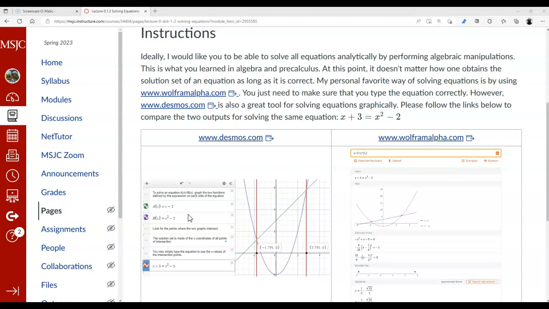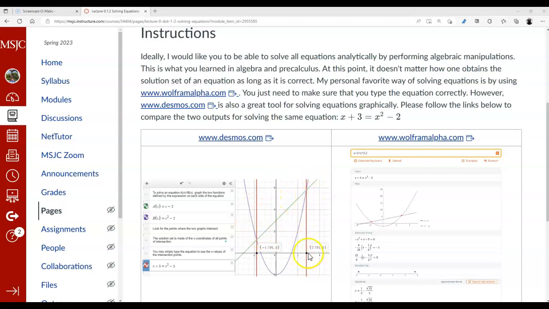But you can also be more curious about the process of solving the equation, and instead of just typing the equation, you can break it up into steps, such as define a function for each side of the equation. Then instead of just staring at some dots on the x-axis, you will be looking at the intersections of two graphs.